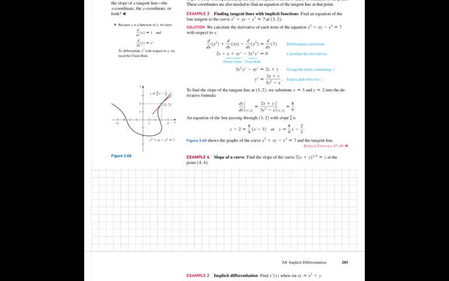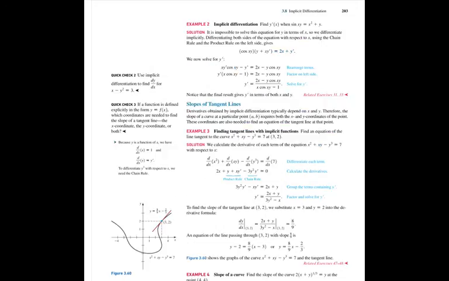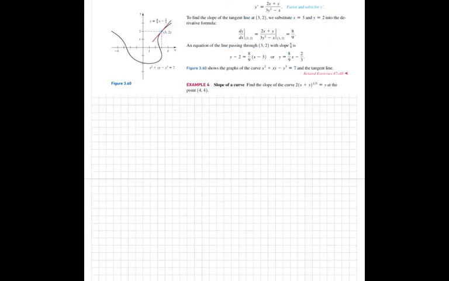Let's see, example 4, it says, find the slope of the curve. So basically just find the derivative at that point. Okay. Let's see, so the original, we have 2 times x plus y to the power of a third equals y.